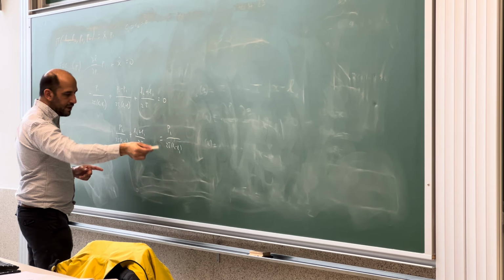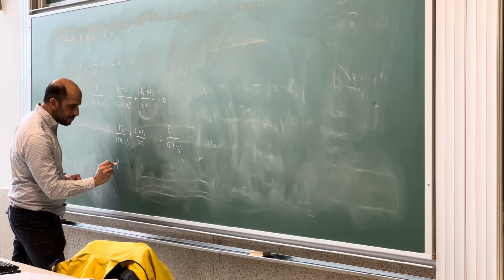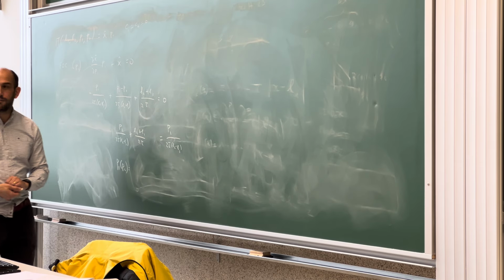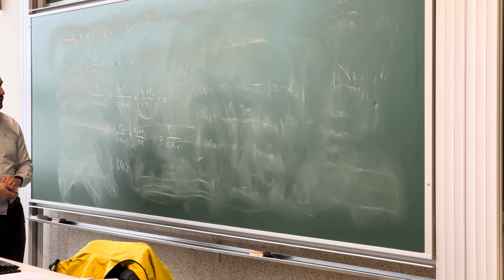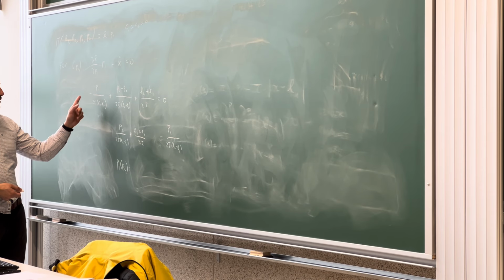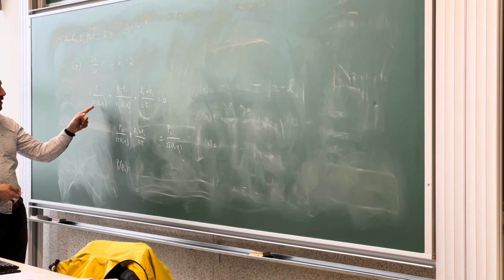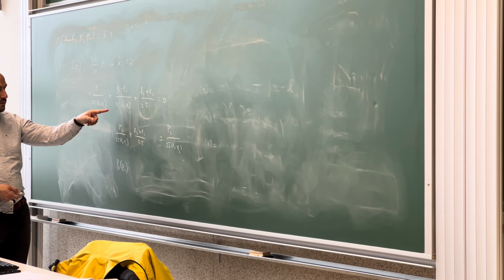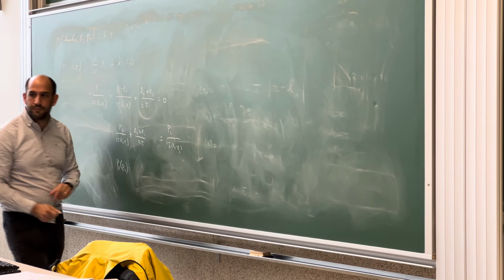But now we have to multiply this and we get P1 of P2. But wouldn't it be 2 P1, because it's minus P1 over 2 tau, minus P1 over 2 tau? Yeah, exactly.